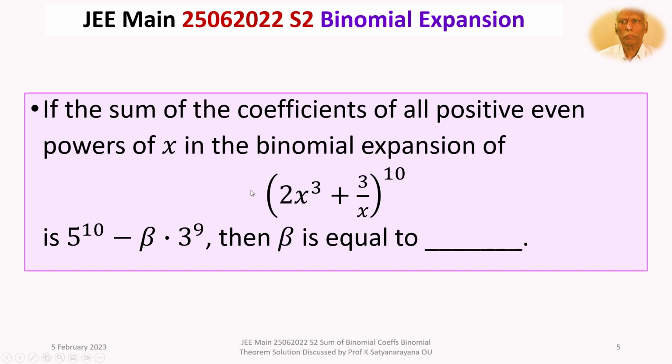Now, we have the binomial expansion of (2x³ + 3/x)^10. In that, we have to compute the sum of the coefficients of all positive even powers of x in this binomial expansion, and that is given to be 5^10 − β · 3^9. We are required to find the value of β.